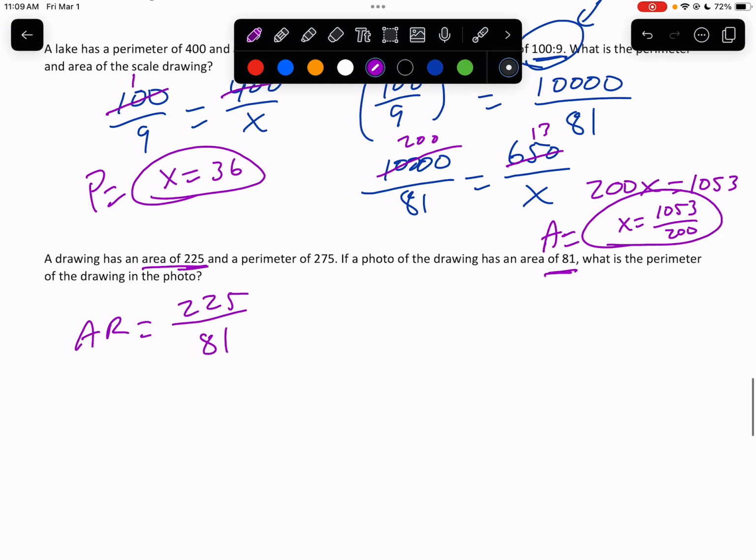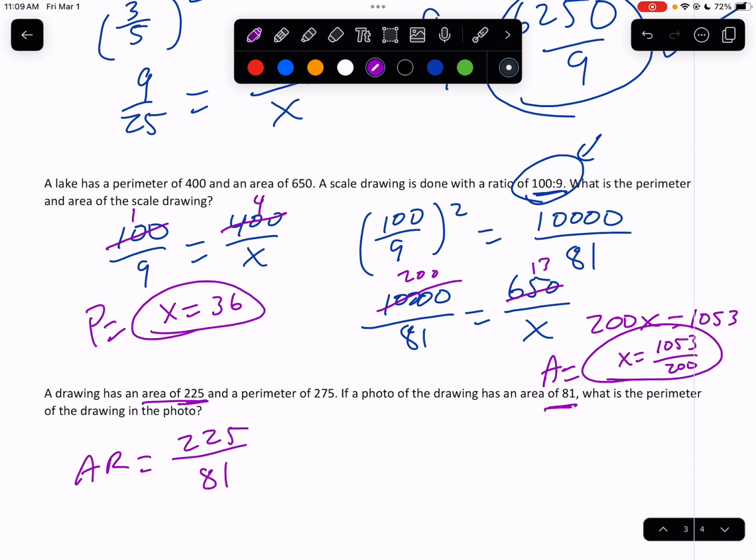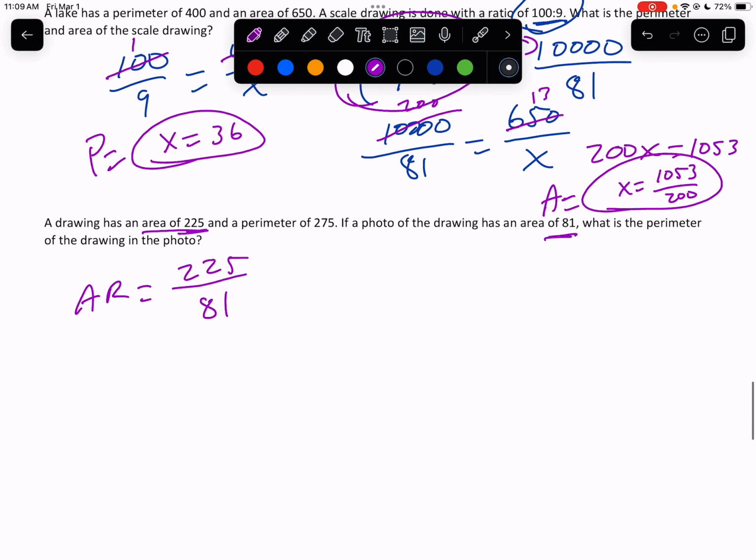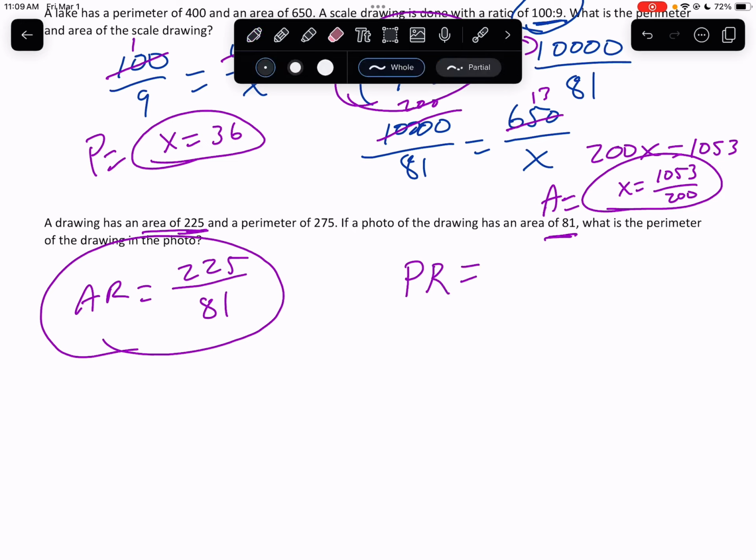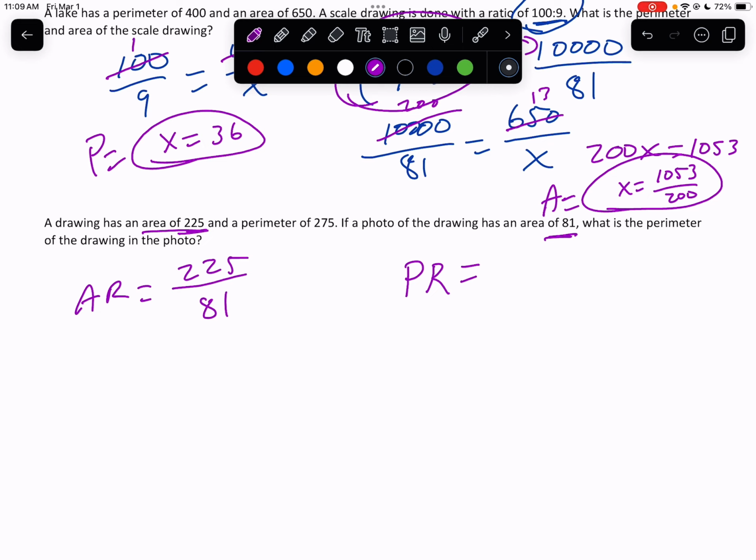So we just talked about this. If you take a similarity ratio and you square it to work with area, what do you do to an area ratio to work with perimeter? Well, you're going to square root it. So that's going to be 15 over 9.